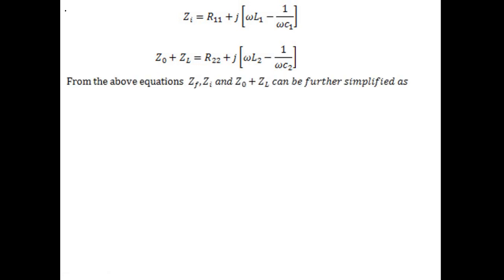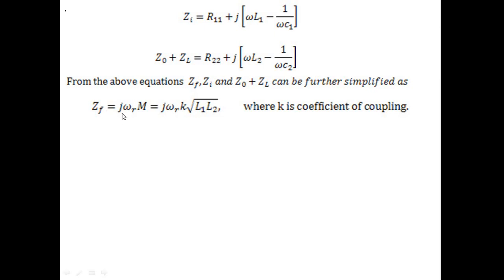These are the actual formulas represented in the earlier diagram, or in the simplified circuit, Zi minus ZF as well as Z0 minus ZF are the actual formulas for Zi and Z0 plus ZL. Now from the equations we have written, for ZF, Zi as well as Z0 plus ZL, we further try to simplify the equations.